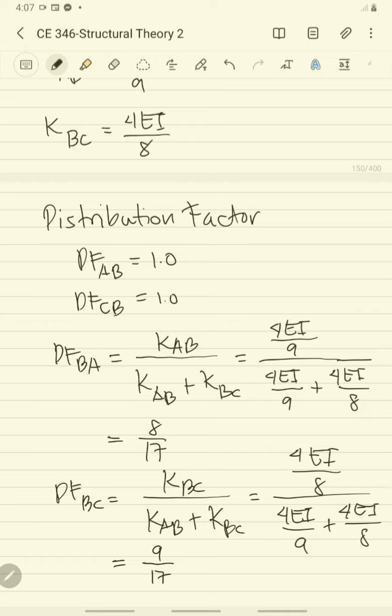Okay, so we have here the distribution factors for each segment. Next, we will tabulate our data in order for us to understand fully the method of moment distribution.